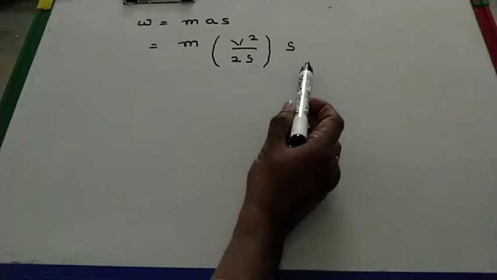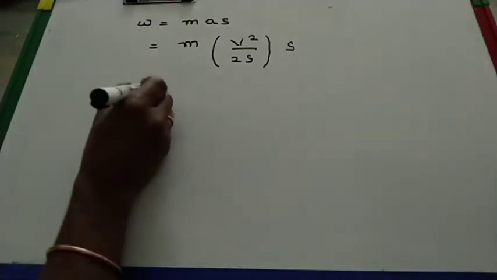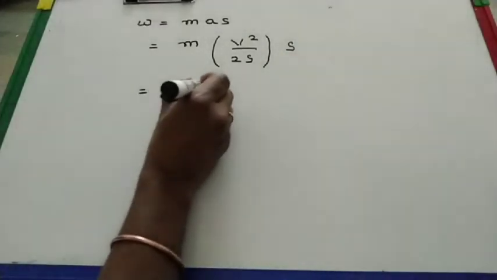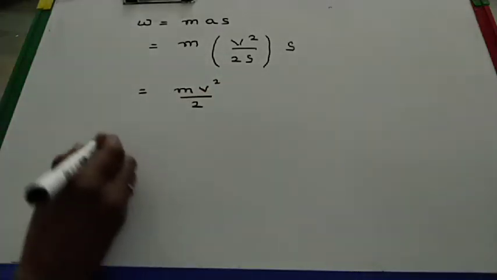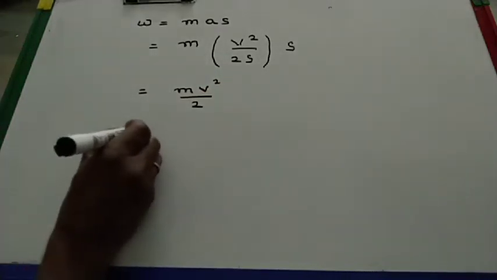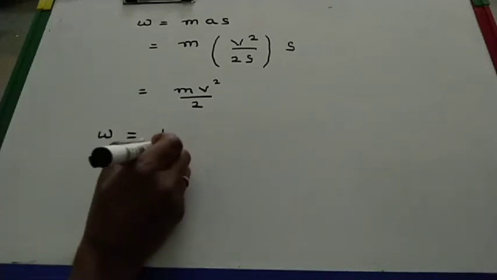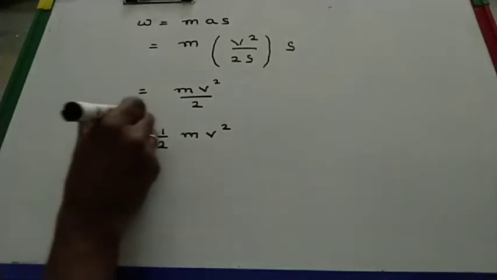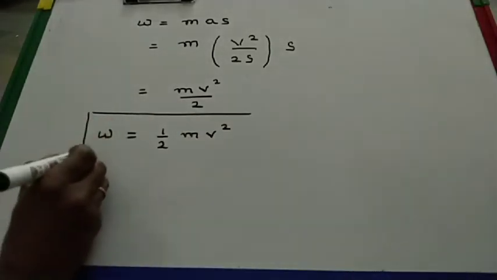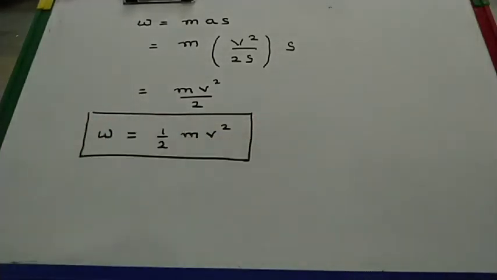S and S are going to be cancelled. That is equal to m v square by 2. Therefore, W is equal to 1 by 2 m v square. Okay? This is the required equation.